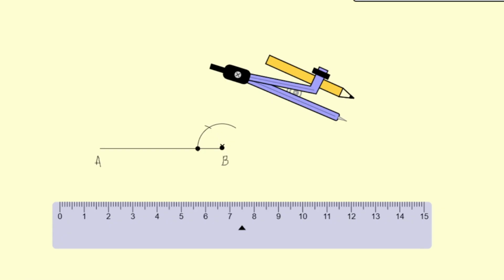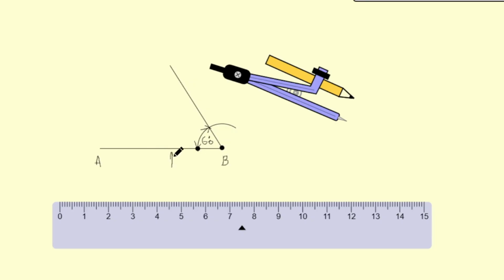And then we'll draw a line through here. And the reason why this is 60 degrees is because the angle is actually coming from this point here to this point here, which is 60. So remember, an angle has two lines or rays that meet at a point called a vertex.